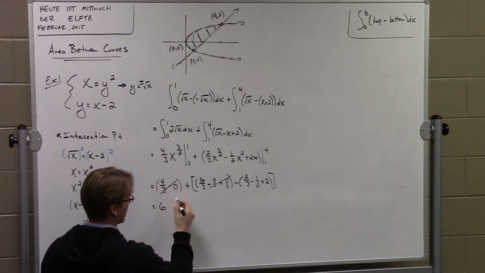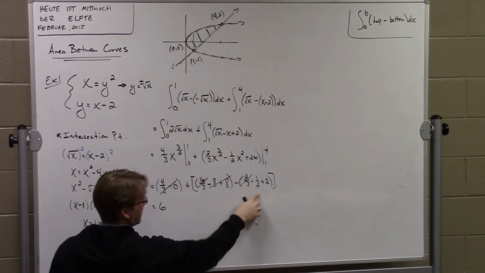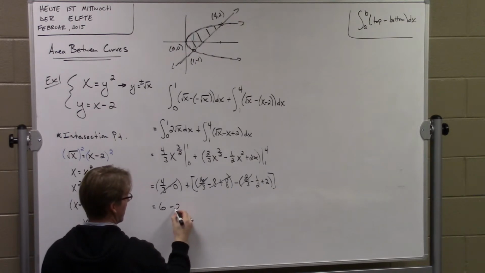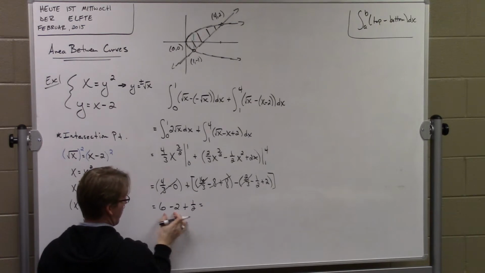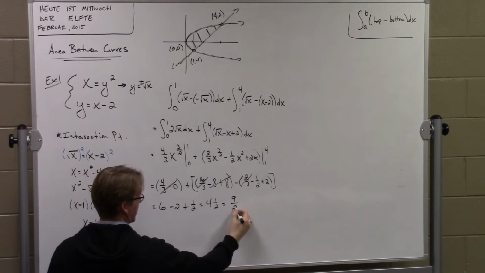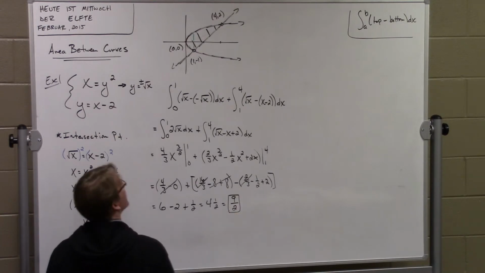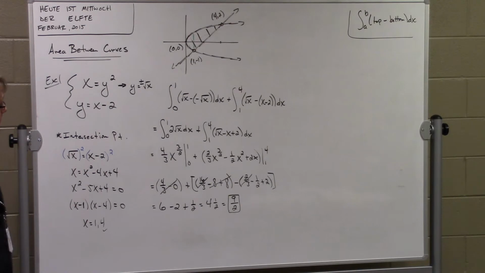So that takes care of all of these. That's a minus 2, and that's a plus 1/2. So we get 4.5 or 9/2. Cool. All of our area was 9/2, 4.5.